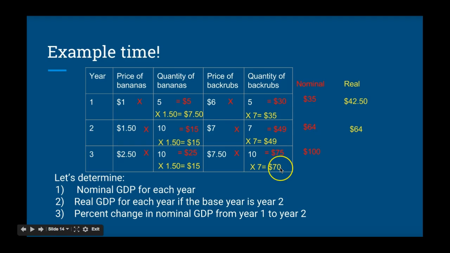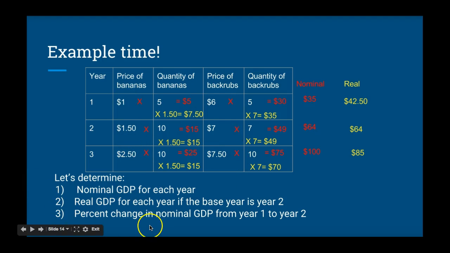So 10 times 7 will give us $70 total spent on back rubs. Add them together, 70 plus 15, you'll get the real GDP of $85. So you can tell now how much GDP actually changed when that's excluding the increases in prices that you saw in bananas as well as in back rubs.